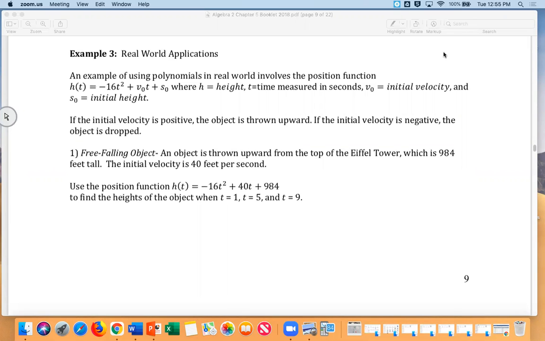And in physics, they use a type of equation. Basically it's a function that relates velocity and time, or distance and time, or acceleration and time. So up here we have an equation.